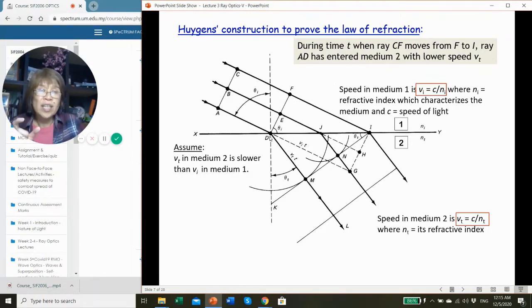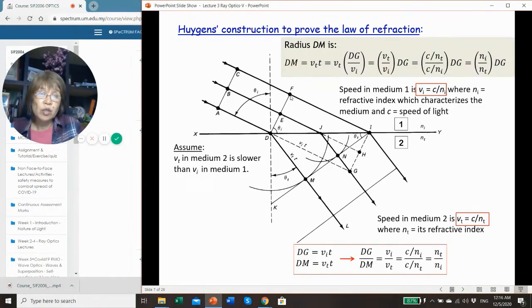So within that time, multiplied by the speed Vt, it would have traveled a distance given by this wavelet. Let's say we do not know the direction of the ray yet. And this ray traveling from here to here takes the same time as this ray to travel from D to G when the second medium is not there. Now with the second medium in place, within that time, it would have traveled from D to this distance.